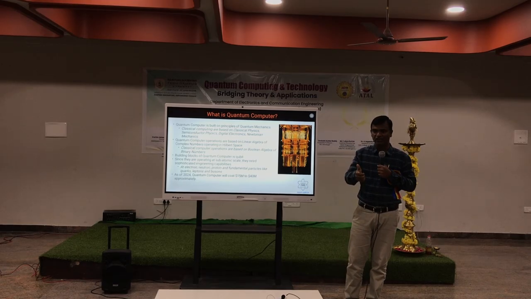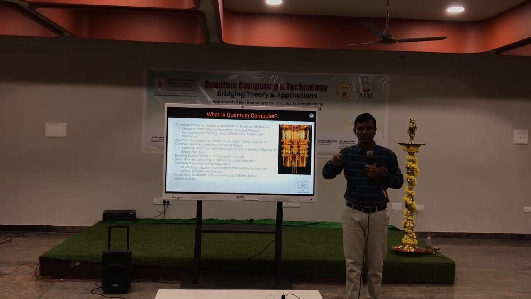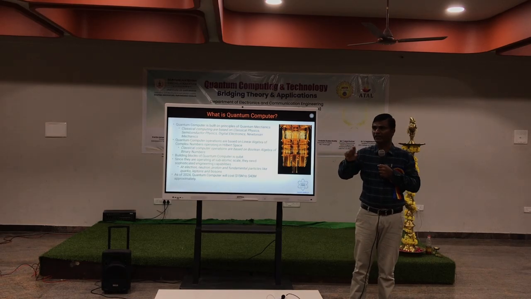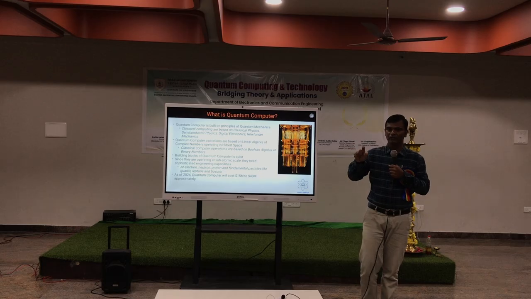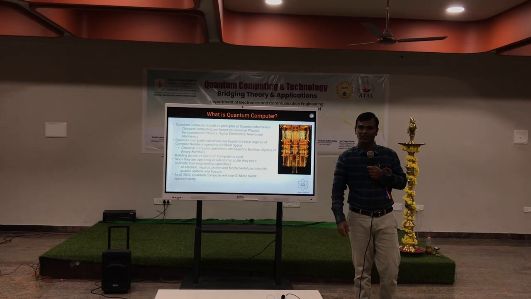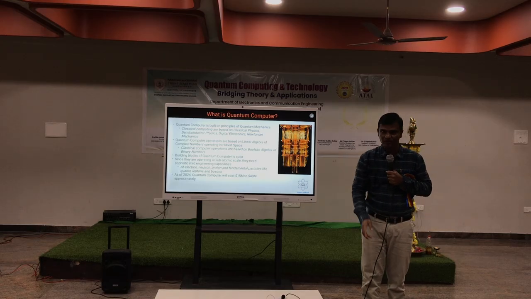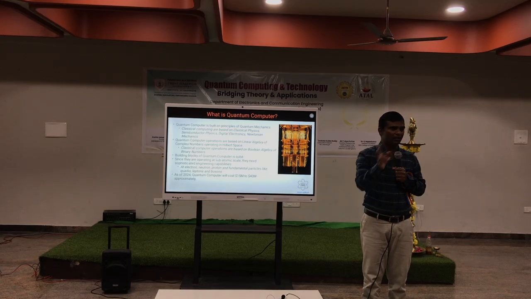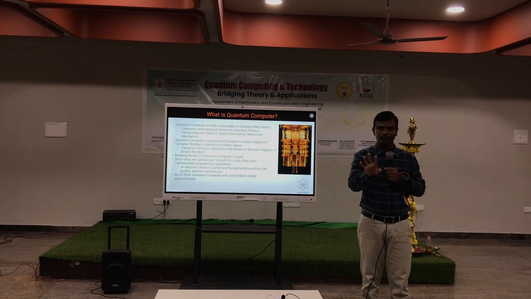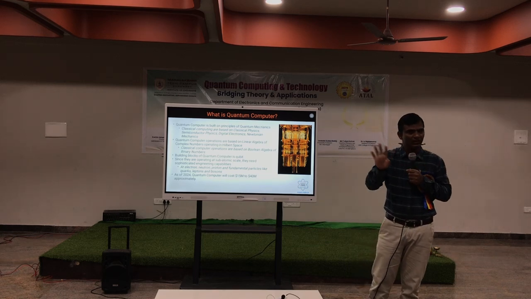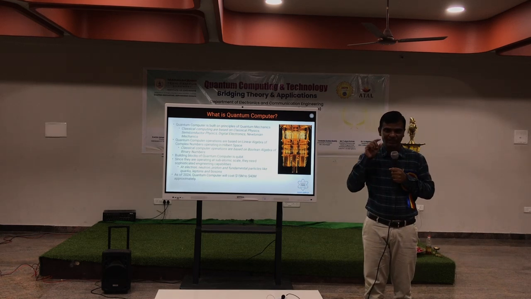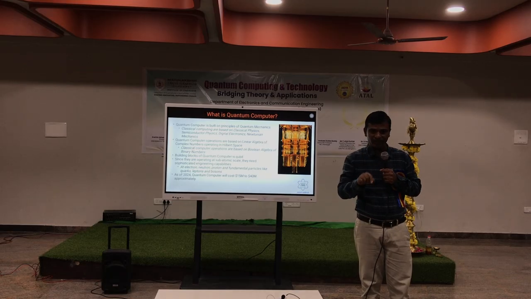Suppose I have a coin, and the coin has either head or tail. If I toss it, once it hits the ground and you look at it, you will get either head or tail. Beyond that you won't get anything. That means it is deterministic, either head or tail.